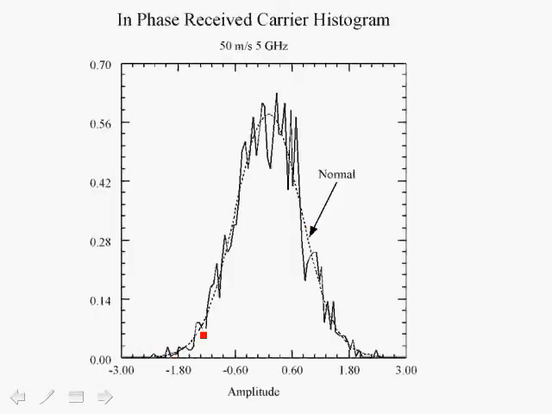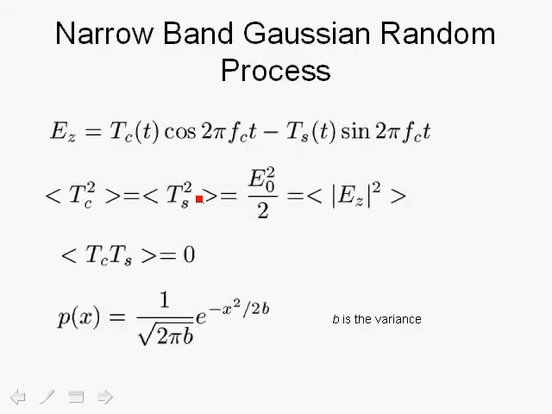This is the actual histogram of the simulation where we're simulating multiple plane waves that are exhibiting Doppler shift and being received by the vehicle's antenna through a multipath scattering environment. This curve here shows the actual normal distribution, so we see that the model is quite correct in the sense that the Doppler shift does represent a narrowband Gaussian random process.